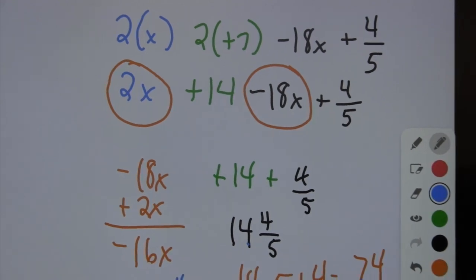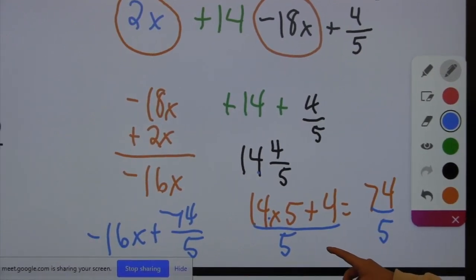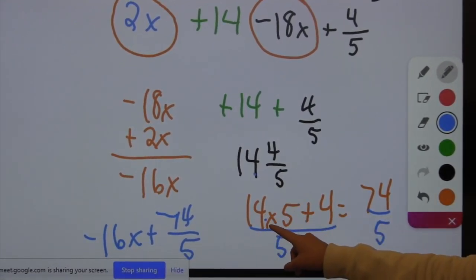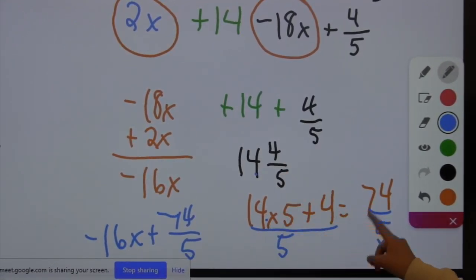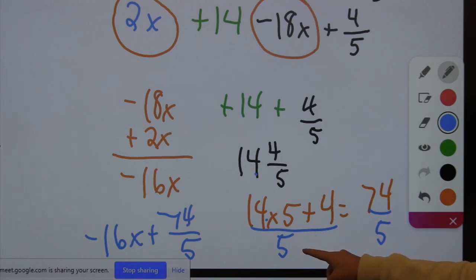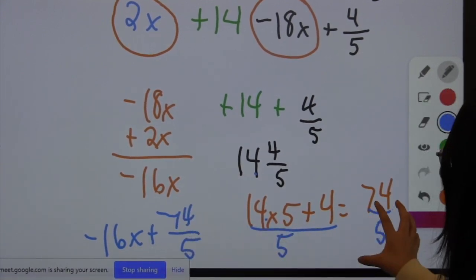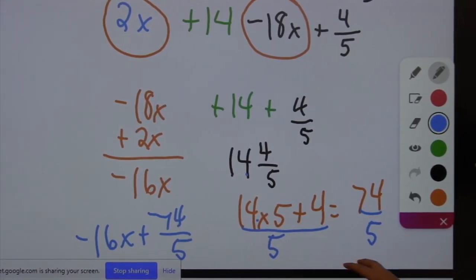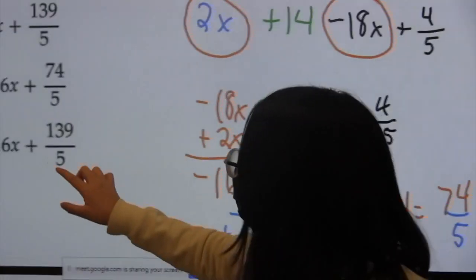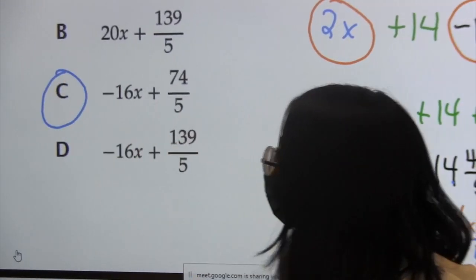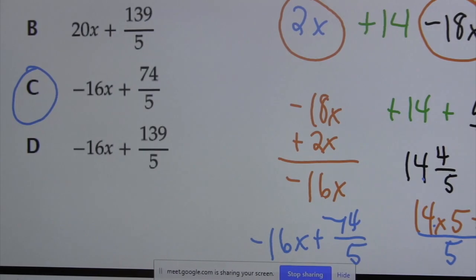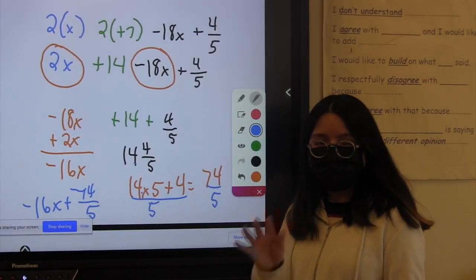Then we take the 14 and 4/5, and we put 14 times 5 plus 4 over 5, and that equals 74 over 5. Then we take the 16x and put the 74 over 5 together, and that equals C. That was a tough question.